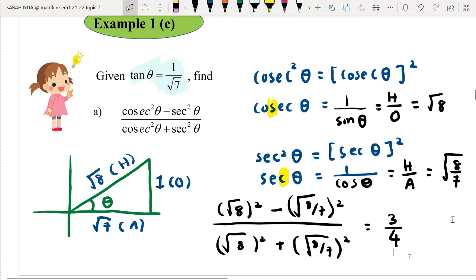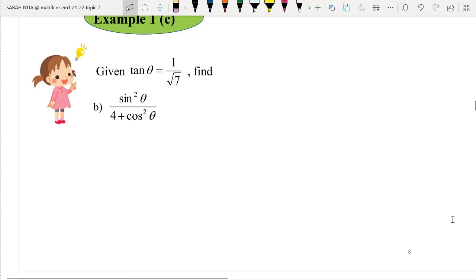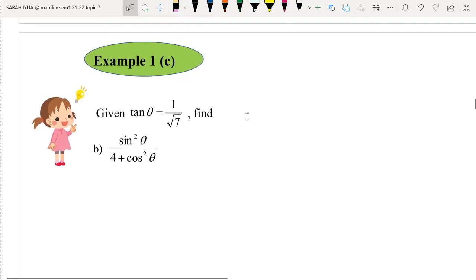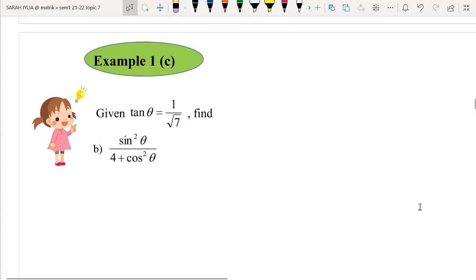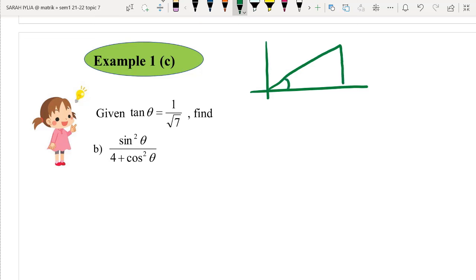Okay. Next one. Still using the same triangle. We have to find sine squared divided by 4 plus cos squared. Okay, sekejap saya sketch semula triangle yang kita dapat tadi. Kita ada ini, theta, hypotenuse is root 8, our adjacent is root 7, and then opposite basically 1.